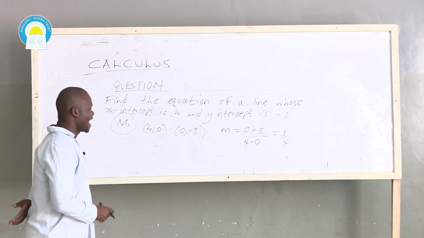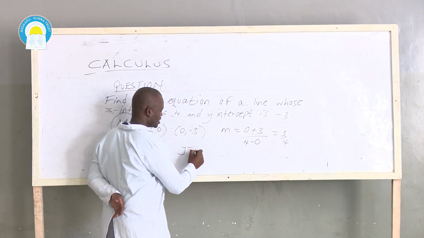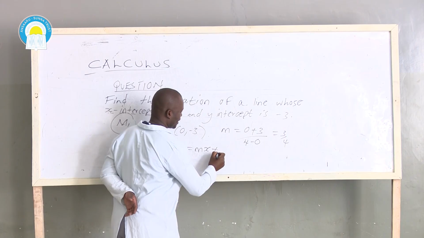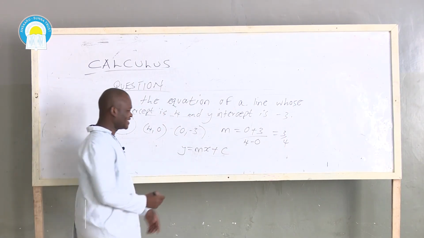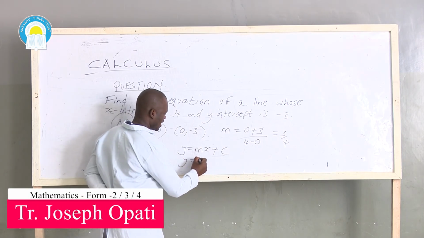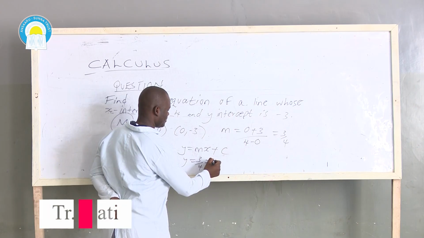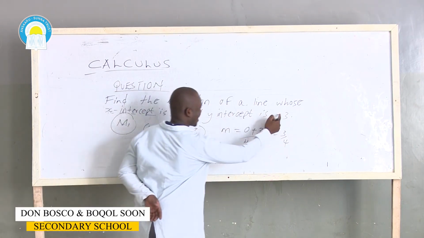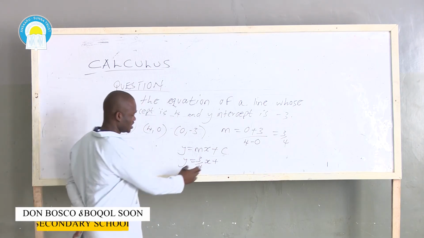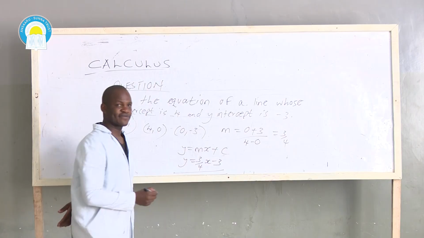Then, having found the gradient, remember, this is the general form of the equation of a straight line, where m is the gradient. So we have y is equal to 3/4x plus c. C is our y-intercept, which in this case is -3. So that becomes our eventual answer.